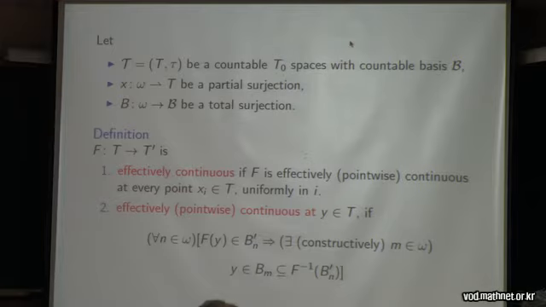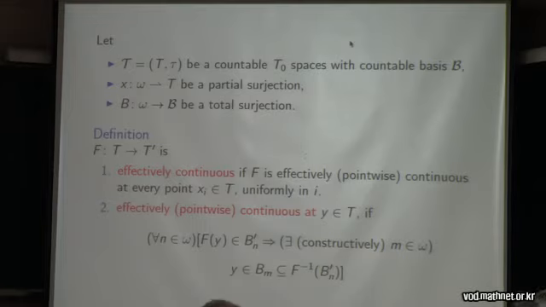The normal definition of pointwise continuous says, given a B'_n which contains the function value f of y, then there is a basic open set in the domain space that contains y and is included in the inverse image of B'_n.